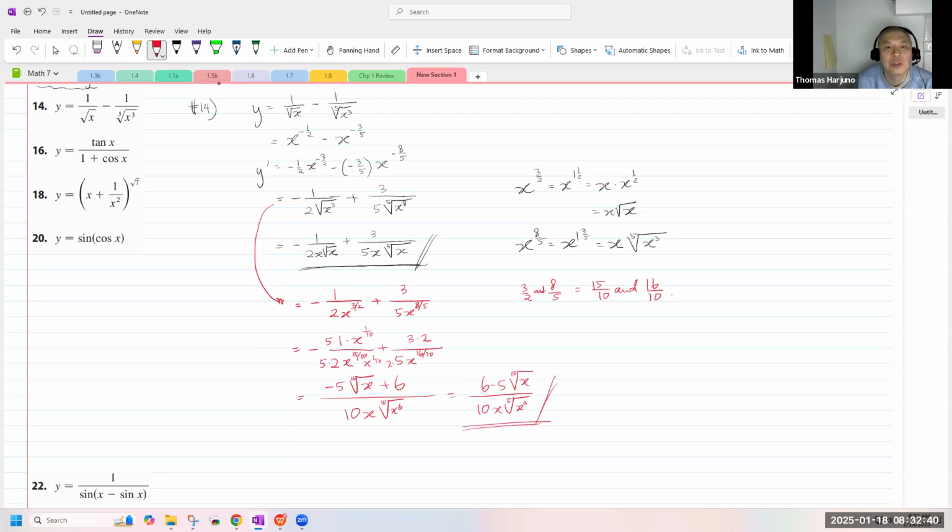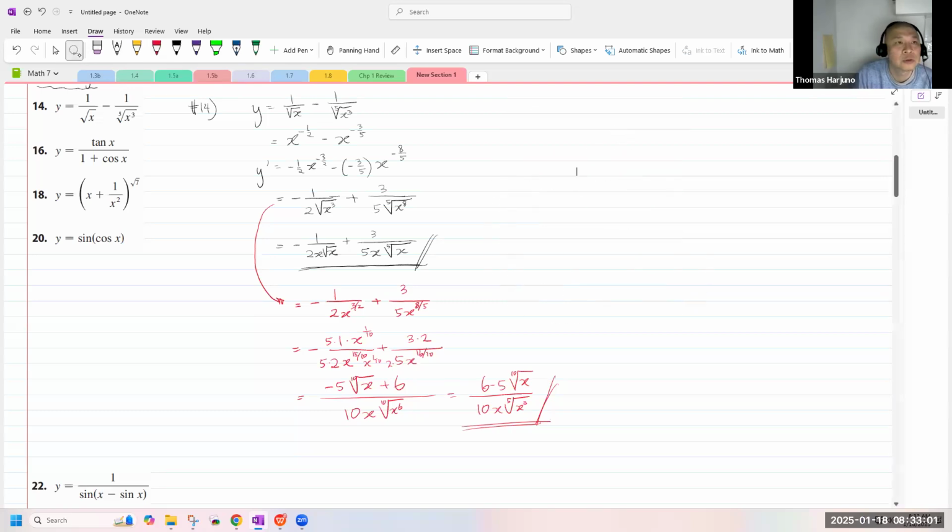If we do the LCD, I don't think it's common. That's why I do expect our textbook just lets you stop here. But if the textbook goes even further, it must have something to do with simplification. Let me just erase this here.